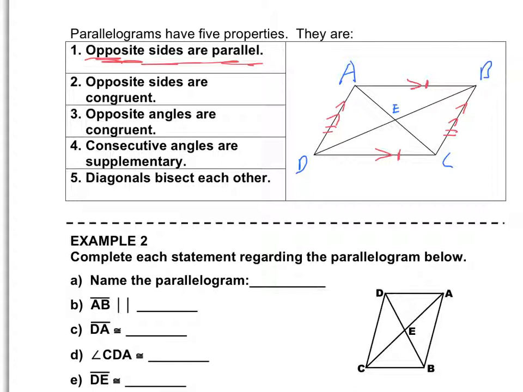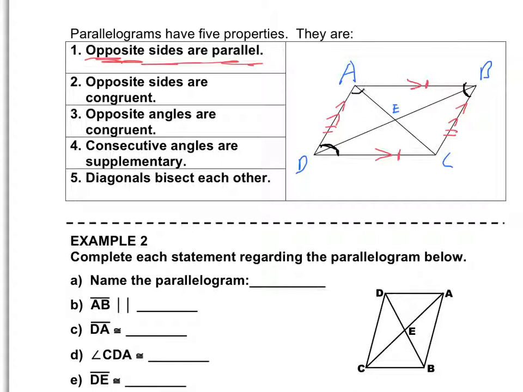The third property is that opposite angles are congruent. Opposite angles. That means angle D here should match angle B. The whole angle, not just the little parts cut by the diagonals, but the whole angle B and the whole angle D. Those two are congruent, so I put one arch in both of them.